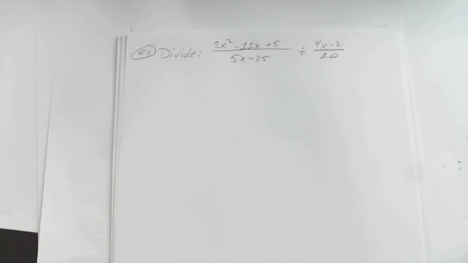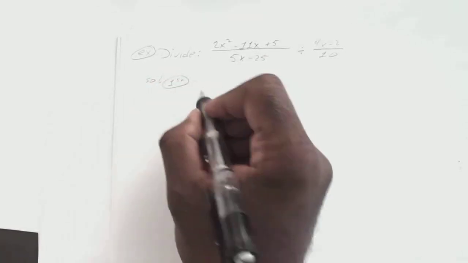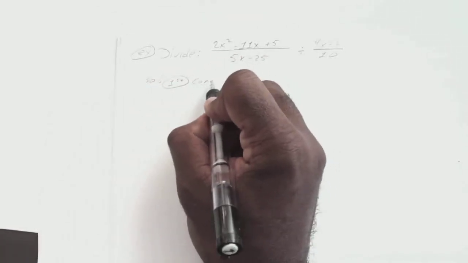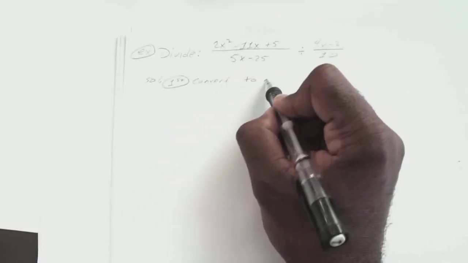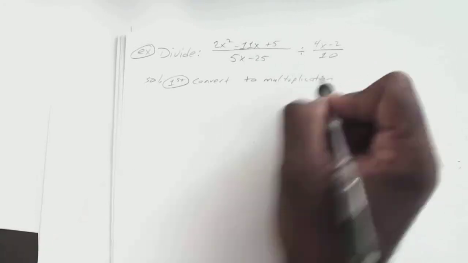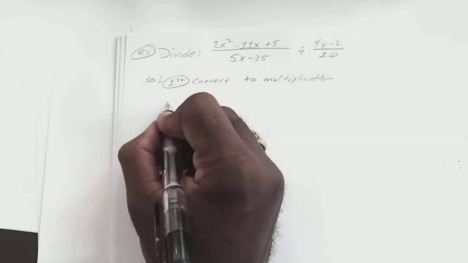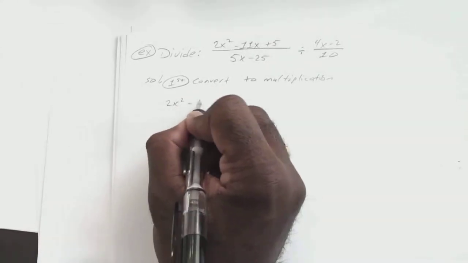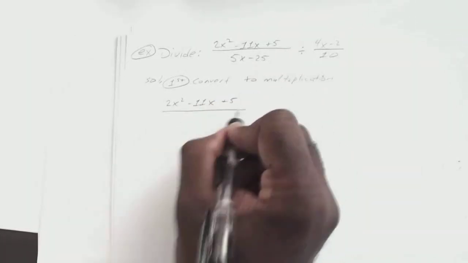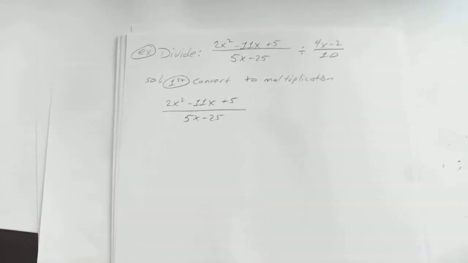Okay, so just like before, the first thing you want to do is convert it to multiplication. So we write down our first fraction, which is 2x squared minus 11x plus 5 over 5x minus 25.